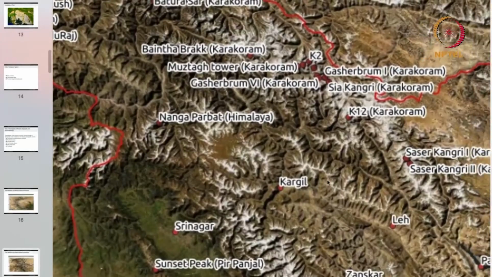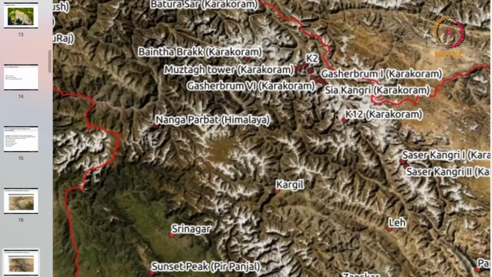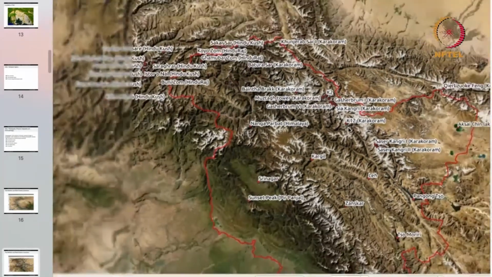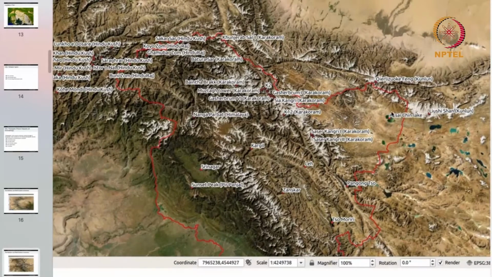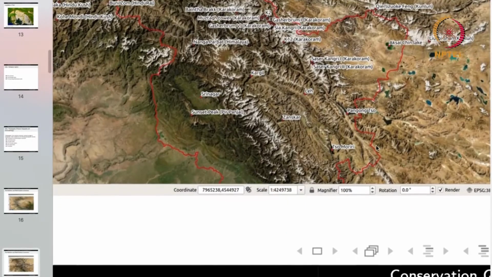In the case of Karakoram, we have these peaks. This is K12, and it has this location. This is Gasherbrum, this is K2, and then this is the Aksai Chin Lake.